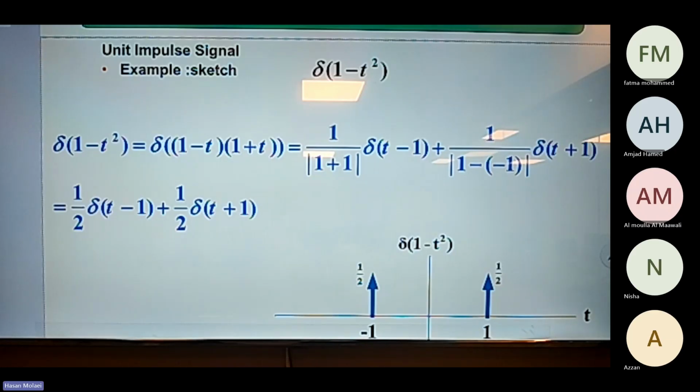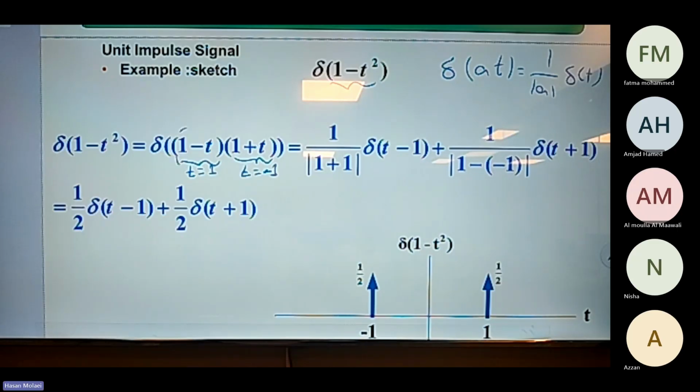So I should expand this: it's 1 minus t multiplied by 1 plus t. We know delta of a t is 1 over the absolute value of a times delta t. The root of this one is 1, and the root of this one is minus 1, which means the delta is defined at 2 points.